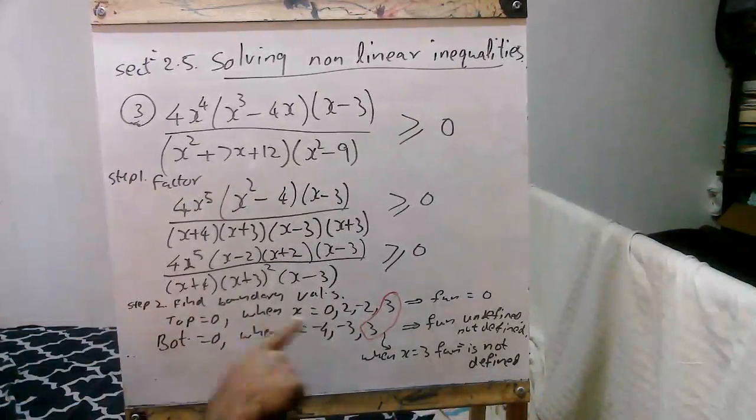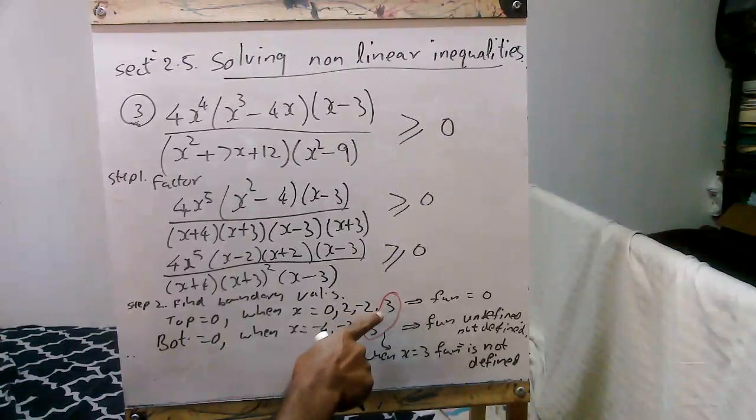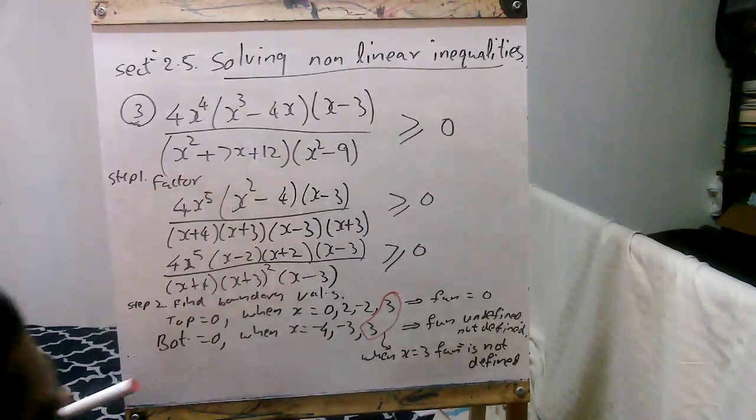Usually when top is 0, function is 0, but if at the same number where top equal to 0, bottom is also 0, then you say function is not defined.